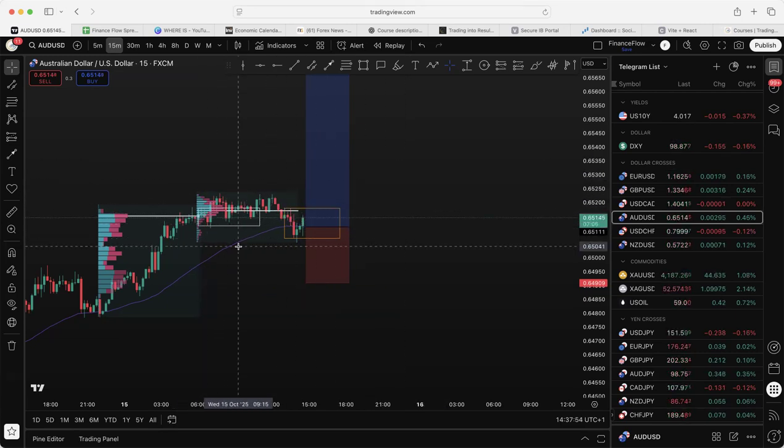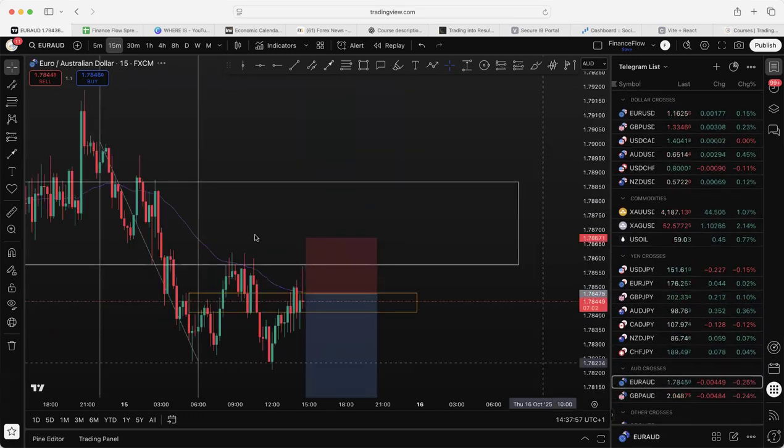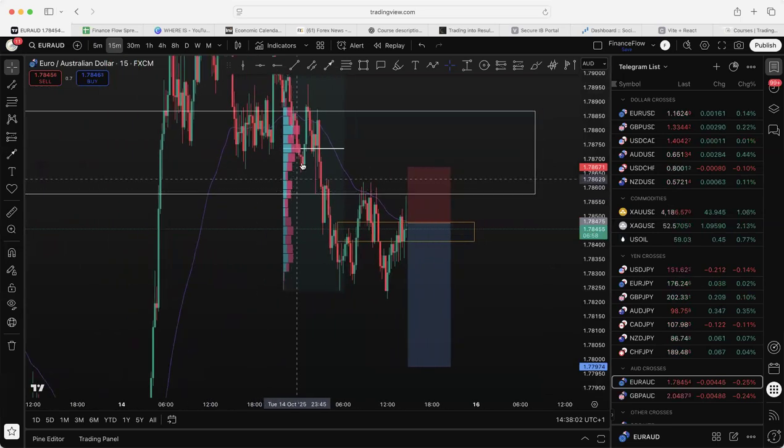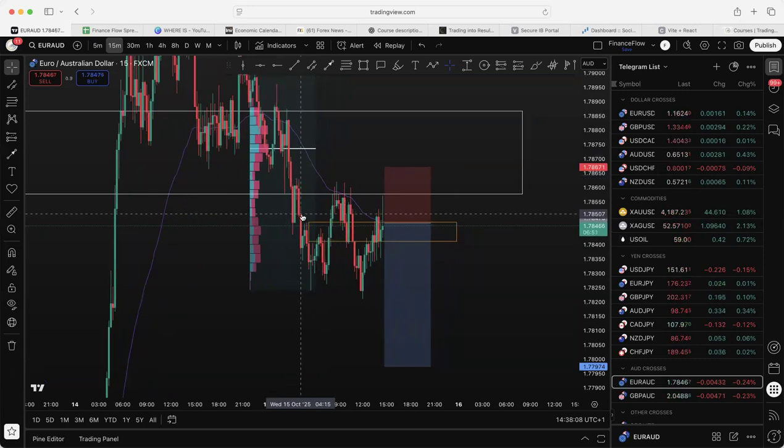So you have to look into every reason why. I think this was London Euro AUD. I can't remember, but we entered just off London this morning, at about eight, and caught this nice move here.